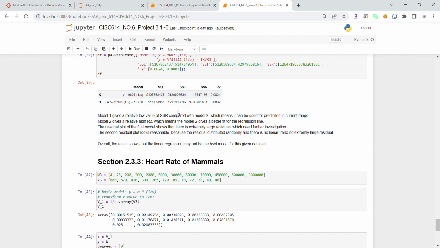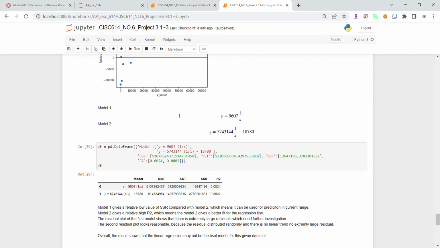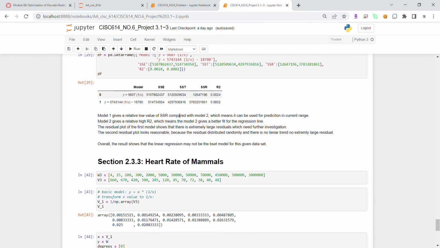So let's go to the next project, which is the heart rate of mammals. So this project is kind of similar to the previous one. We got a new data of the weight and rate of the blood of the mammals.